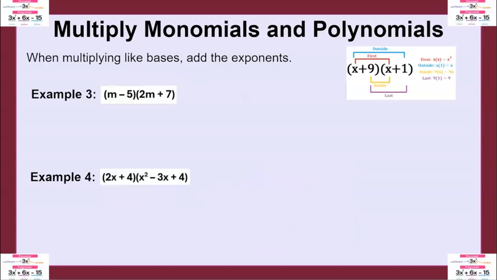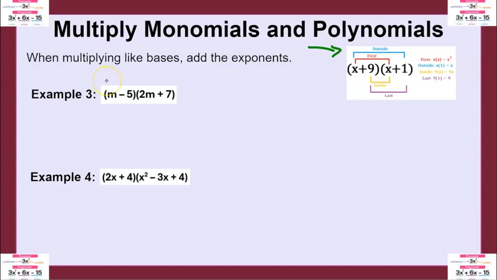Example 3. Here, we have a binomial times a binomial. One way of doing it is using the FOIL method, which you can see pictured here. The F is the first term of each binomial, multiply those, and then you multiply the outer two terms, and then the inner two terms, and then the last ones.